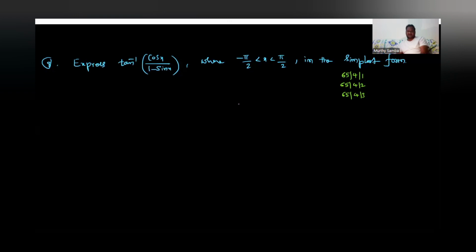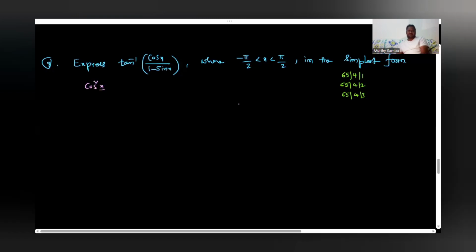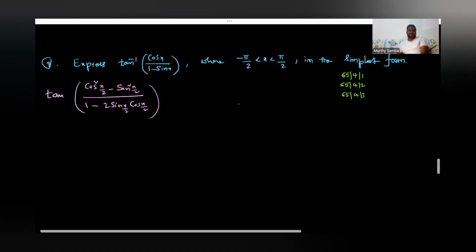Do you remember what is the formula for cos x? Cos x is equal to cos square x by 2 minus sin square x by 2 divided by 1 minus sin x is 2 sin x by 2 into cos x by 2. This is about cos x divided by 1 minus sin x, and then we have tan inverse.